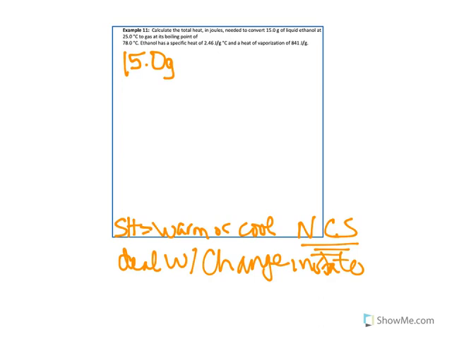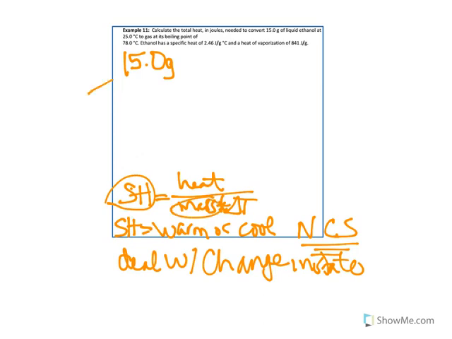Remember that the equation for specific heat: the specific heat is equal to the heat divided by the mass times the change in temperature. In this case, we know the specific heat is given to us. We know the mass, that's the 15 grams. We know the change in temperature. We're going from 25 to 78. What we don't know is the amount of energy necessary to do this.